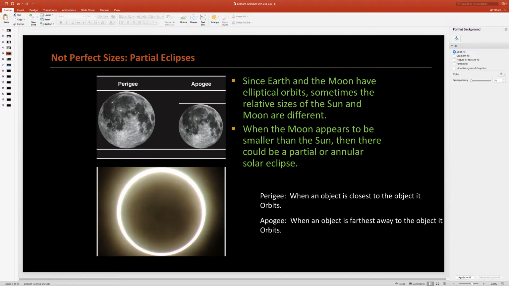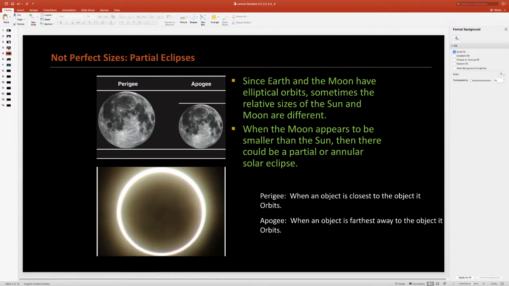And of course, if something's closer to us, it looks bigger. Farther away, it looks smaller. So if the moon is at apogee, and then you get a lineup for the solar eclipse, it's not going to cover the whole disk of the sun, right? And so you're going to get what's called an annular eclipse, and here's a picture of that.